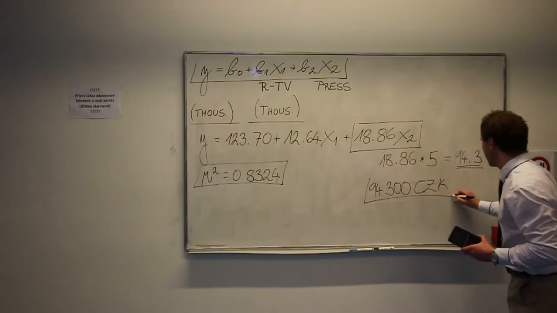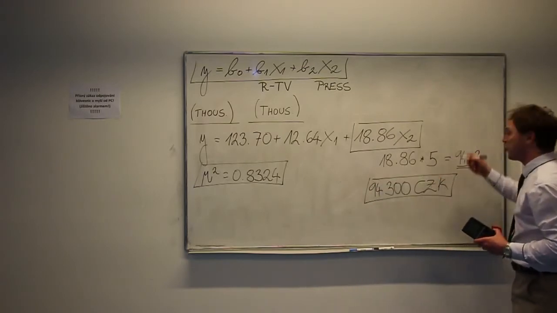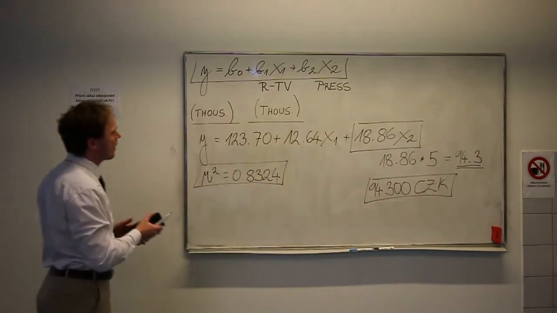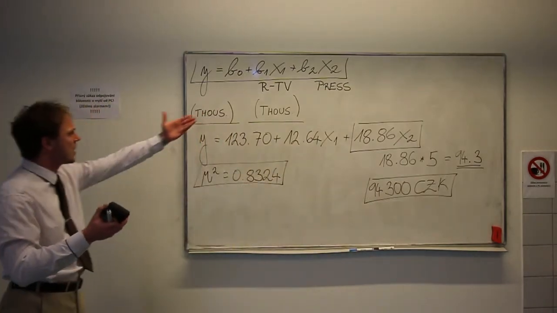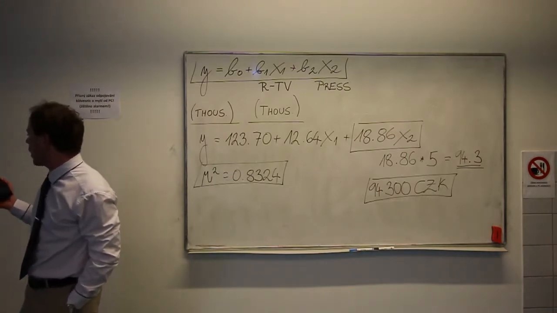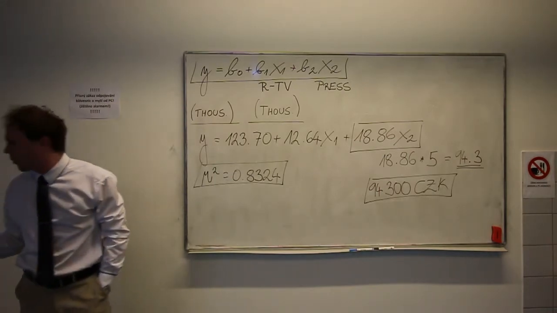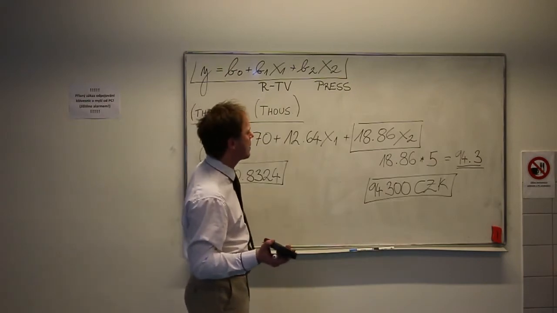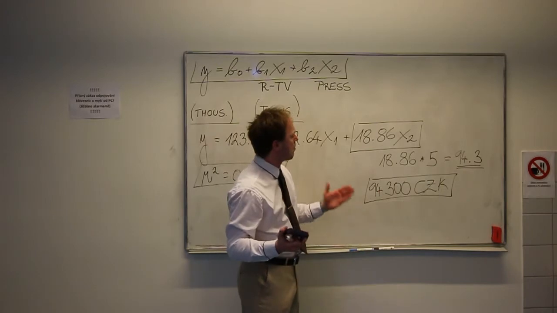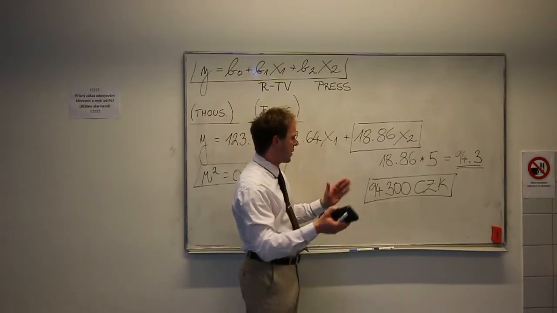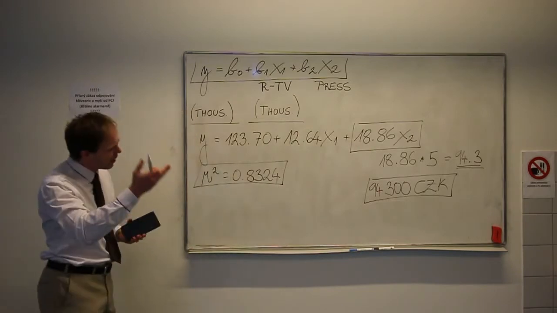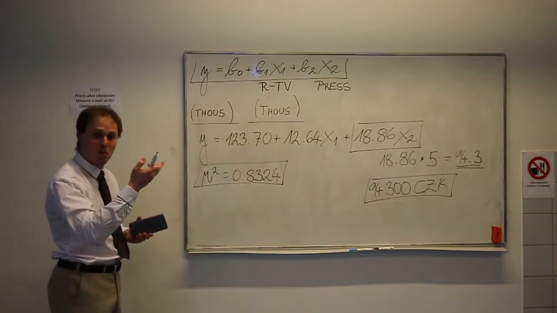So if you increase the cost on advertisement in press by 5,000 Czech crowns, while the costs on advertisement in radio and television stay constant, you can expect the increasing of sales by 94,300 Czech crowns. So this is the calculation based on your model.